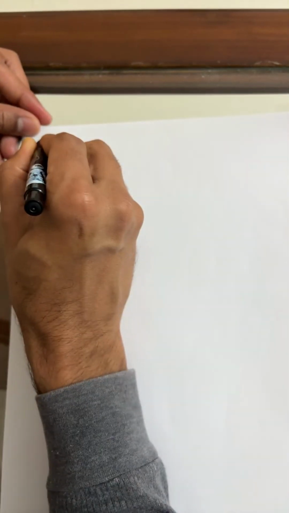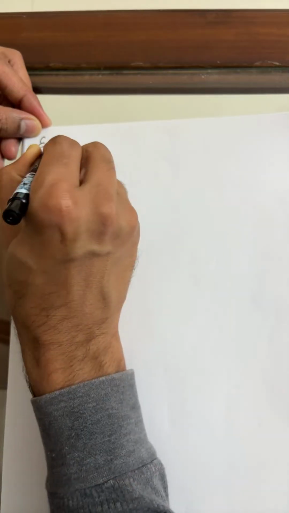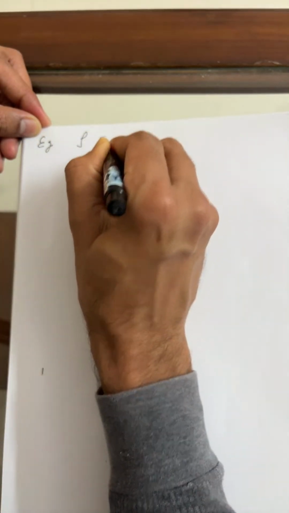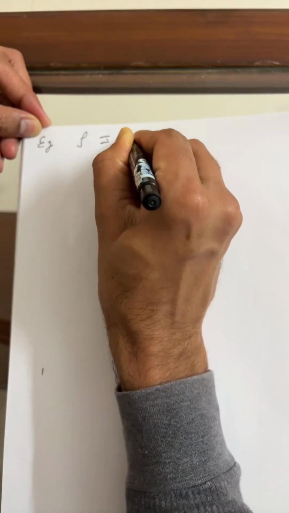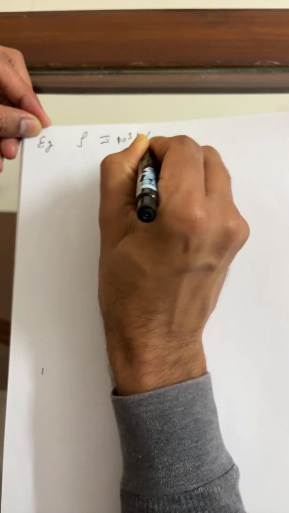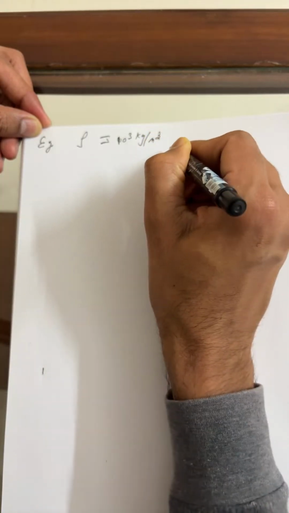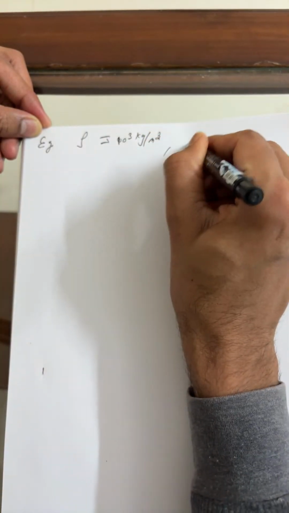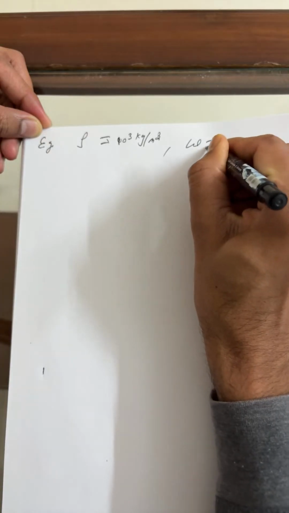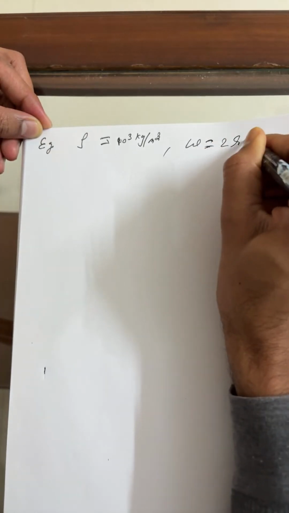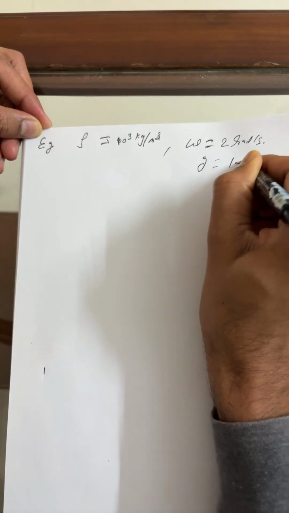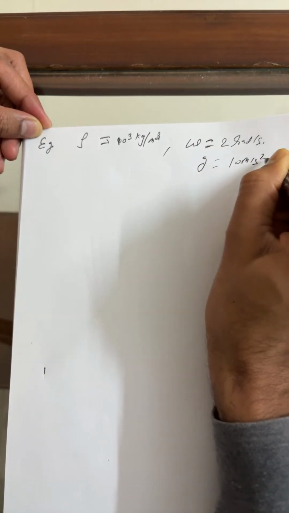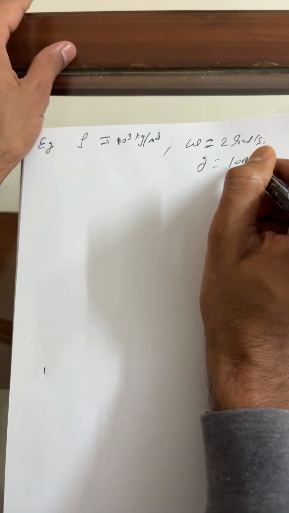This is the density of liquid, 10 to the power 3 kilogram per meter cube, already we know the density of water. Omega you can take 2 radian per second. G you can take 10 meter per second square. G is in fact not required anywhere.